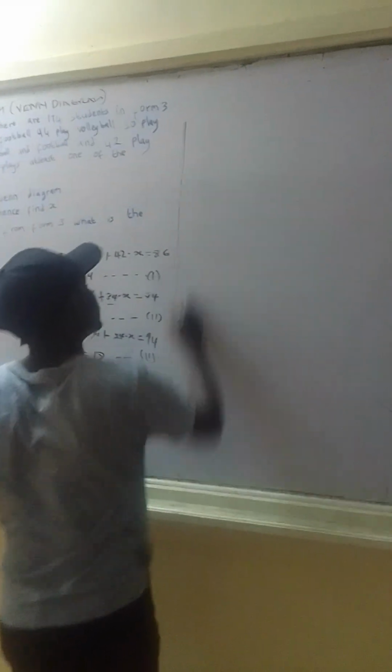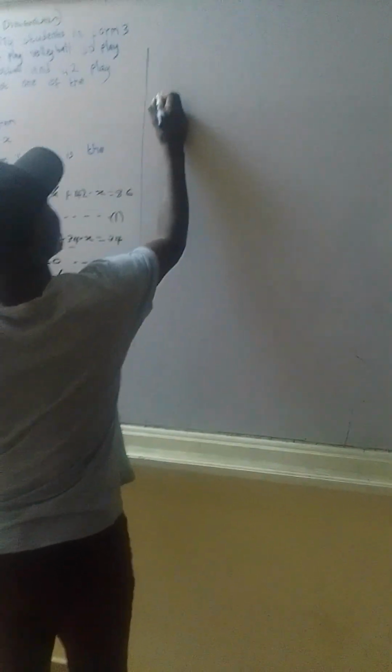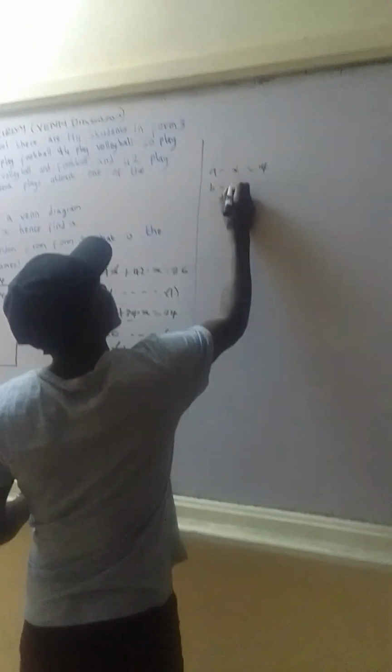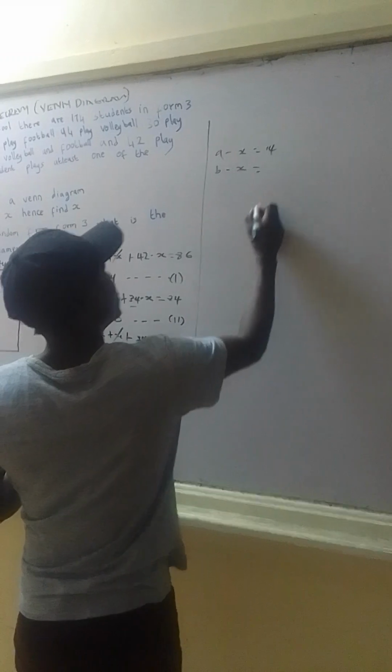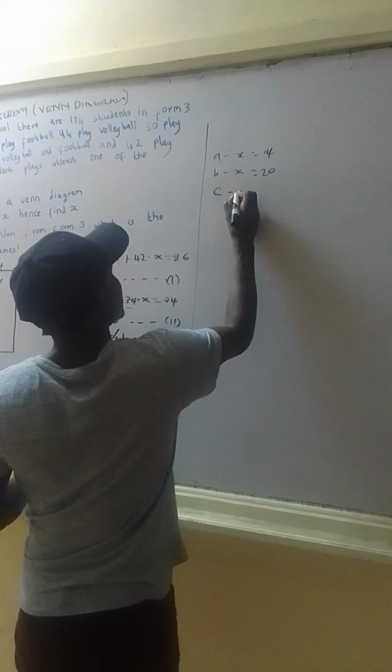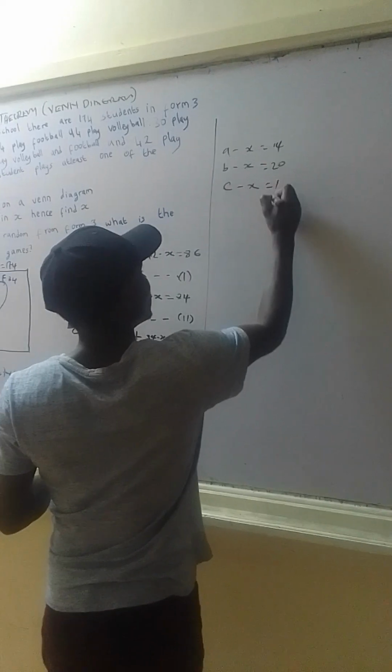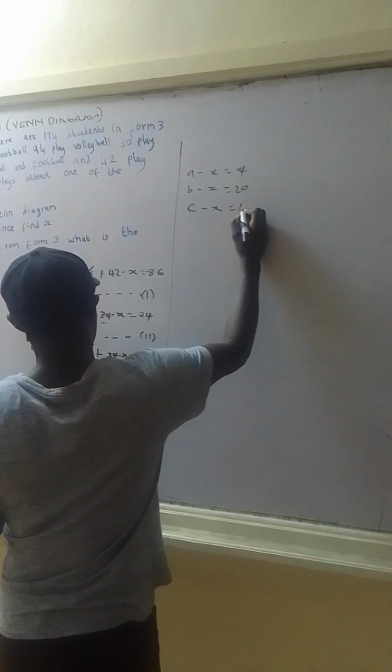But right here now, equation 1 is a minus x is equal to 14, and b minus x is equal to 20. C minus x is equal to 18.